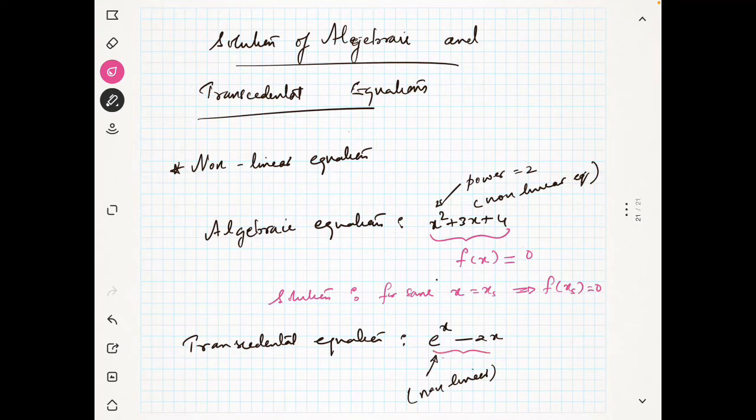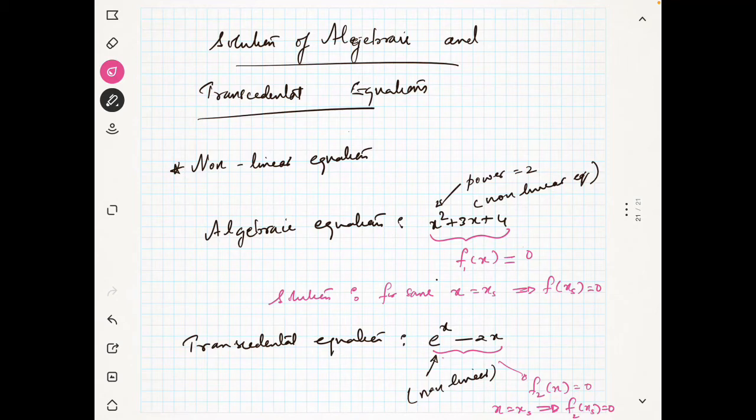Similarly, I can write this also as, let's say this is f1 of x, I can write this as some f2 of x which is equal to 0, and for some x is equal to xs, I will get f2 of xs satisfying the equation f of xs is equal to 0.